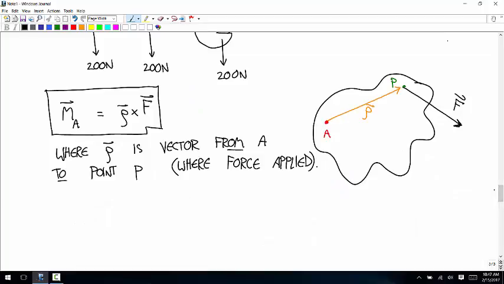One thing that means is that if you know the coordinates of P, where the force is applied, and you know the coordinates of A, that rho vector is equal to the coordinates of P minus the coordinates of A. That's one way you can always calculate it. Any questions about that?